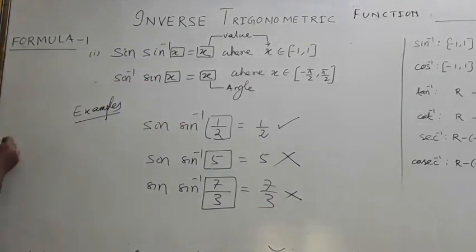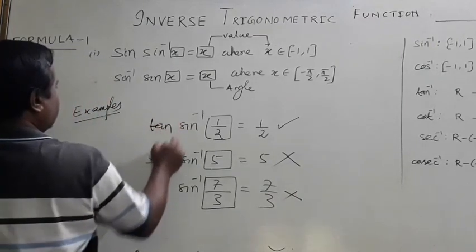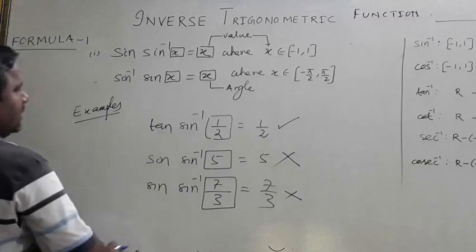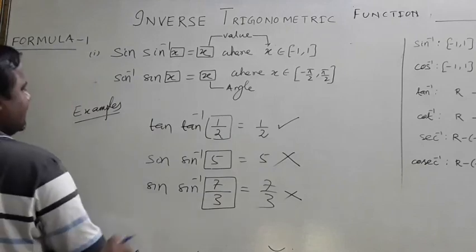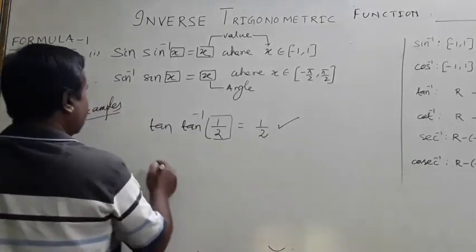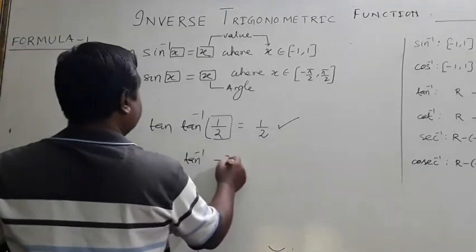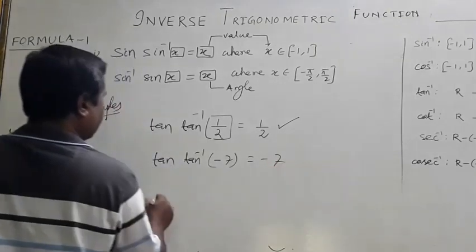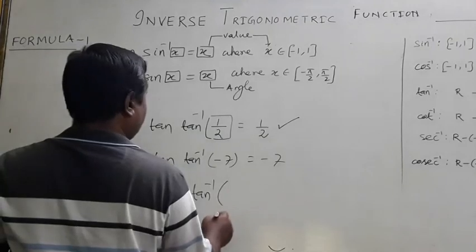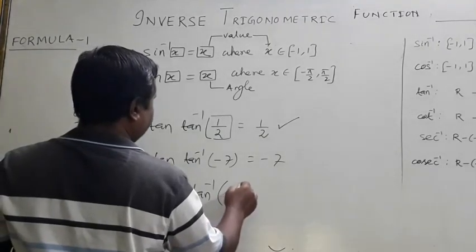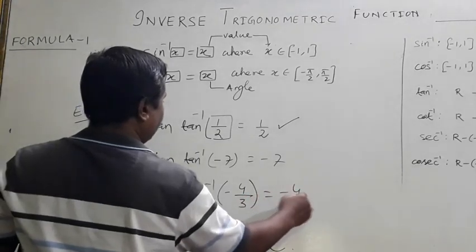Now if someone asks, tan inverse half is equal to half, it is right. And someone will say tan inverse minus 7 is equal to minus 7, and tan inverse of minus 4 by 3 is minus 4 by 3.